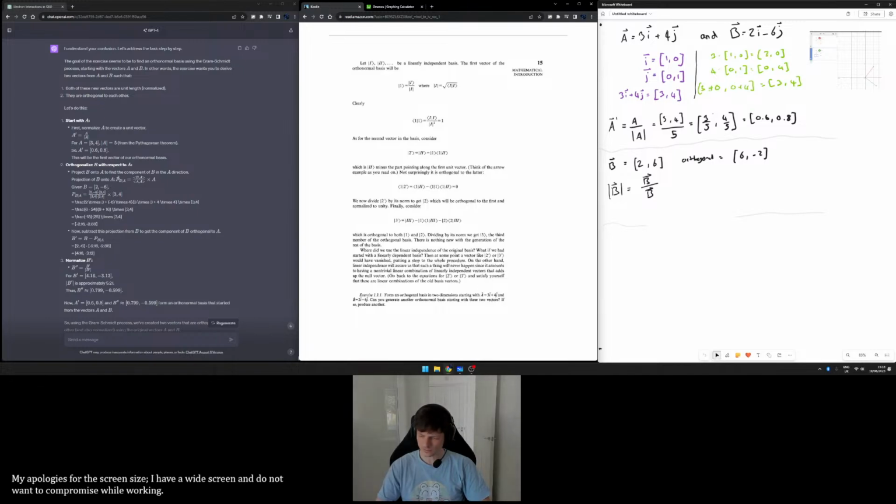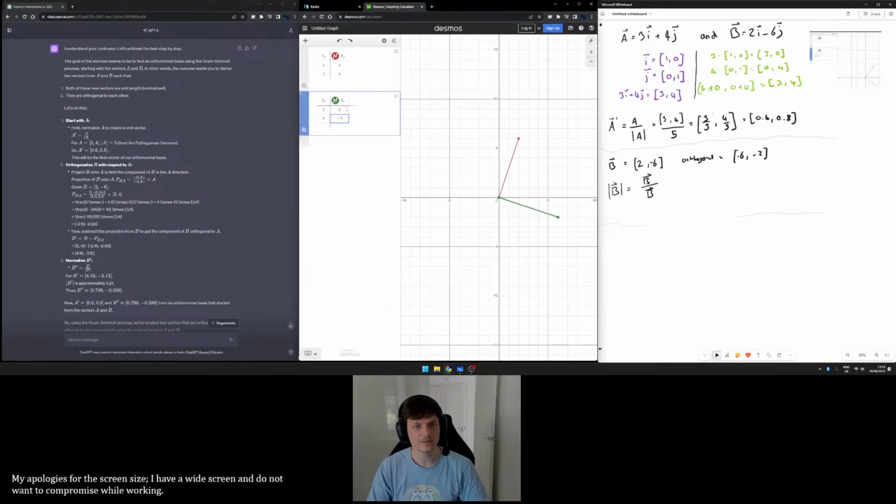Hang on. Oh yes, negative. Yeah, I always do that. It's 2, negative 6, of course. Yeah, orthogonal would be negative 6, negative 2, I guess, because you flip it around and then you make the one. So let's just try that. If I did 2, negative 6, then it'll be negative 6, negative 2. Yeah, okay, good.